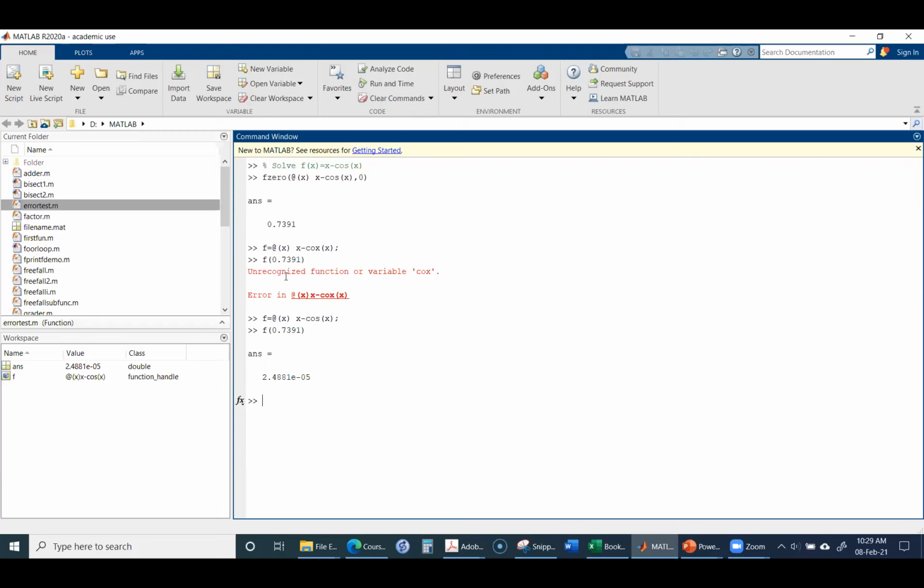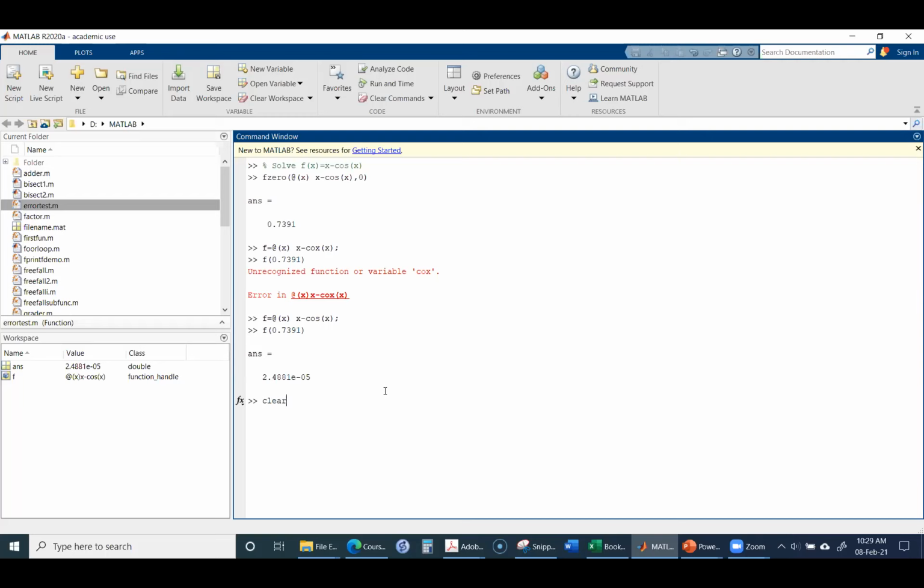So I can say that the root which I got from the fzero function is correct.